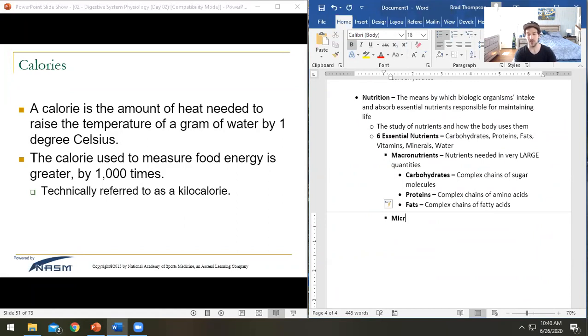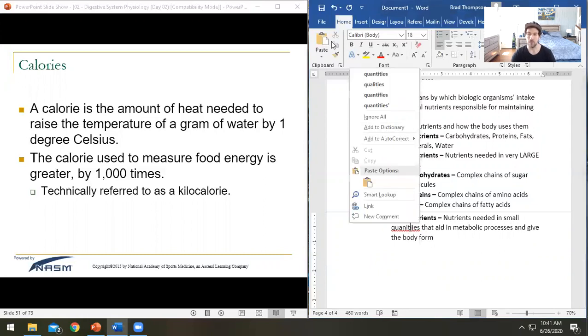Then we got our micronutrients, which are nutrients needed in small quantities that aid in metabolic processes and give the body form.